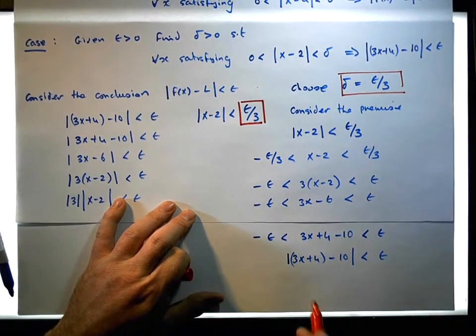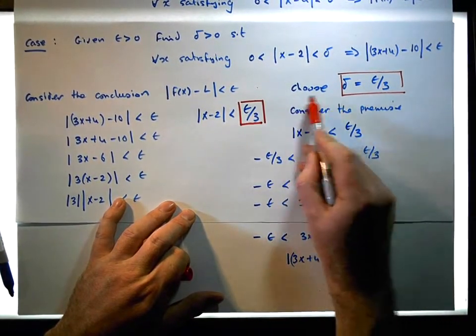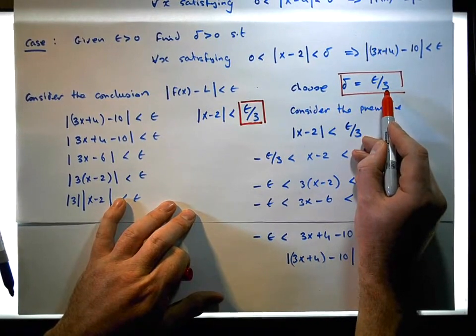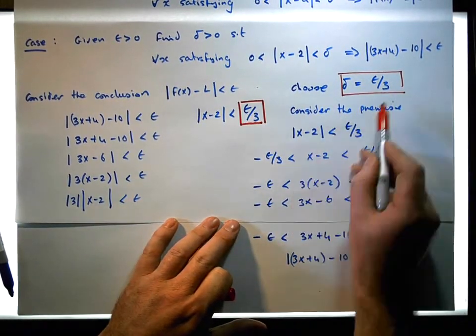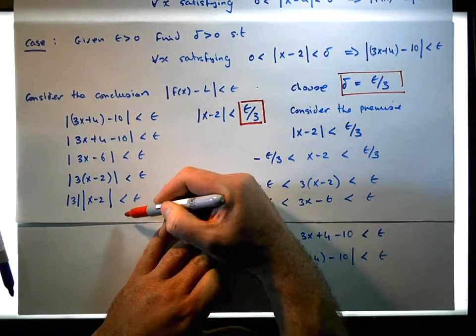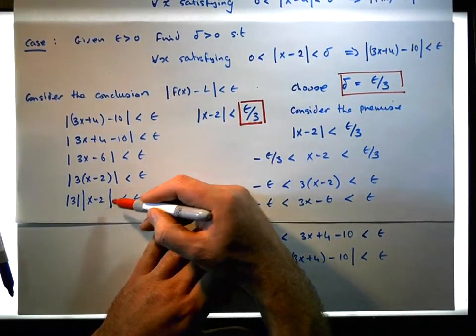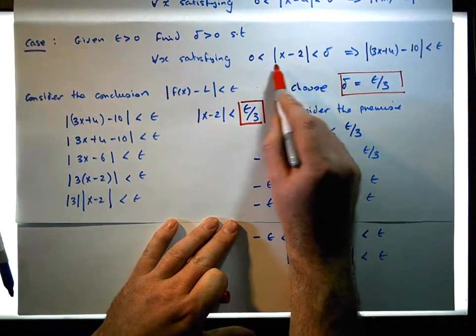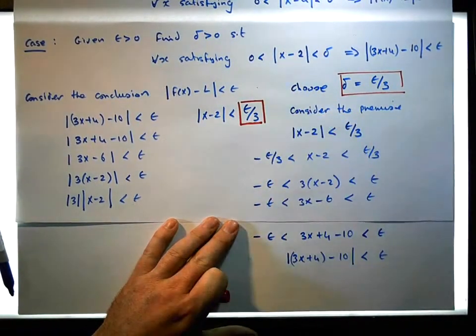Right? And exactly what we got here. So choosing the delta to be equal to epsilon over 3, okay, how did we find that? Well, we found it by considering the conclusion and working through the conclusion to find something that looks like the premise of the implication.